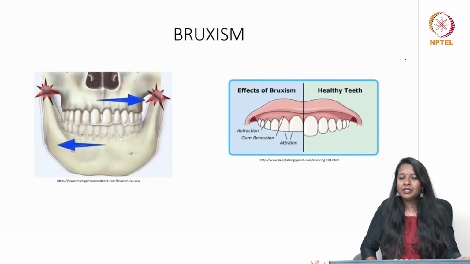Bruxism is a repetitive jaw muscle activity characterized by clenching or grinding of teeth. In a normal individual without bruxism or any other parafunctional habits, the jaw will be open at rest. That is, it is just around 20 minutes in a day that the teeth will come in contact, that is during speaking, swallowing and eating. Whereas in a bruxism patient, the teeth are always clenched, which will also damage the TMJ and its muscular attachments.